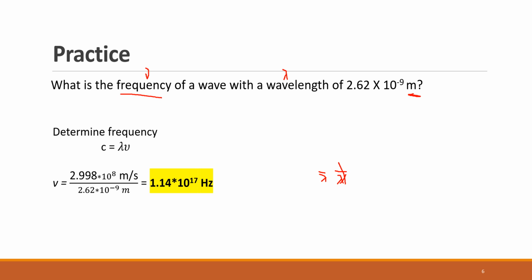Now keep in mind that hertz is obviously an acceptable unit. You might also see 1 over s, or inverse seconds, or s to the minus 1. They are all acceptable units because they all are equal to each other.